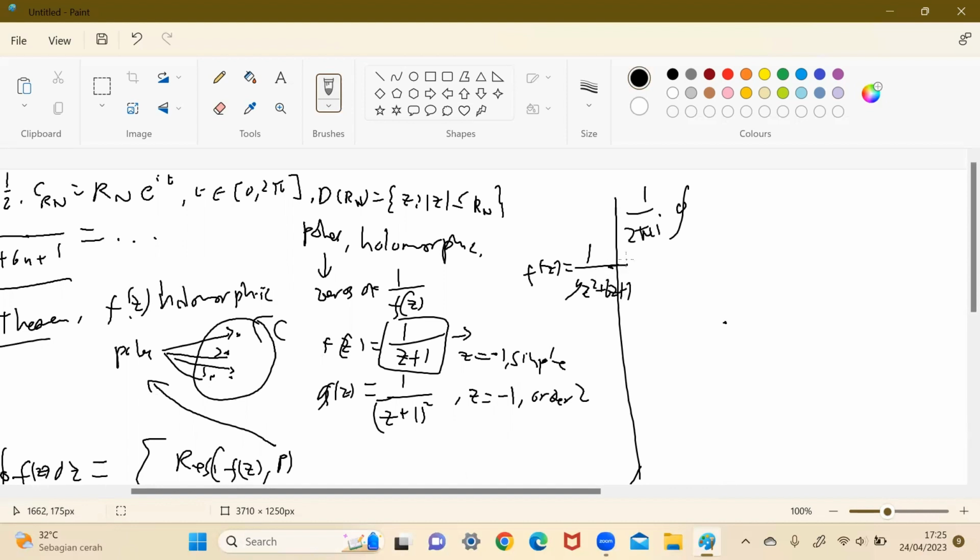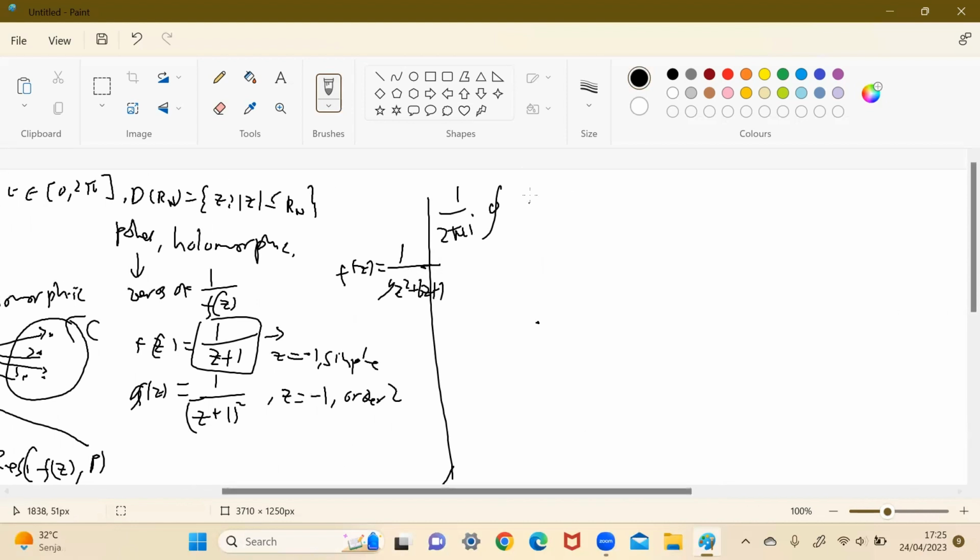Then pi cot pi z times f(z) equals the sum of the residues of pi cot pi z f(z) at its poles that are contained within the contour.